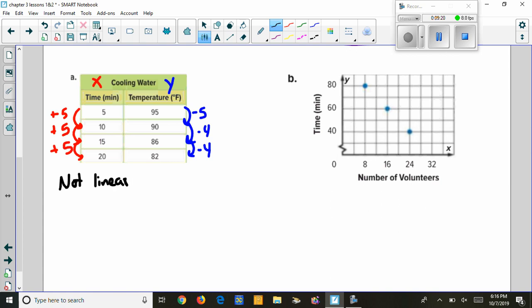and my explanation, and we're going to give a reason.